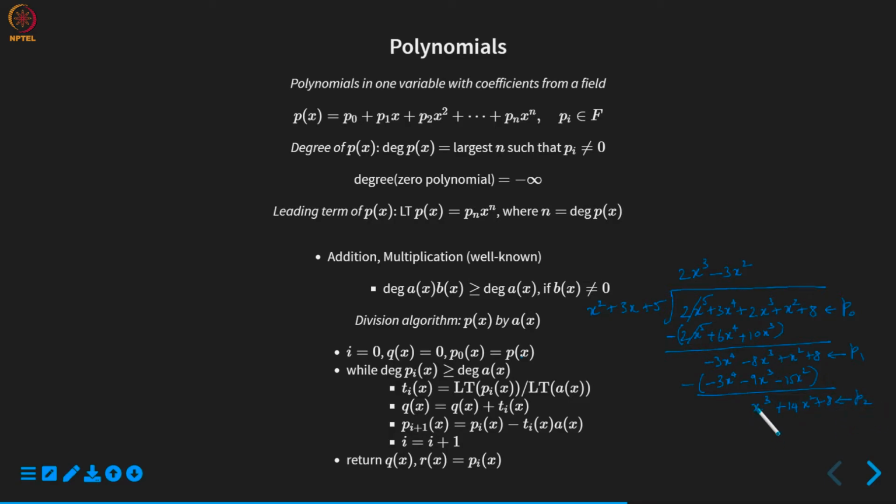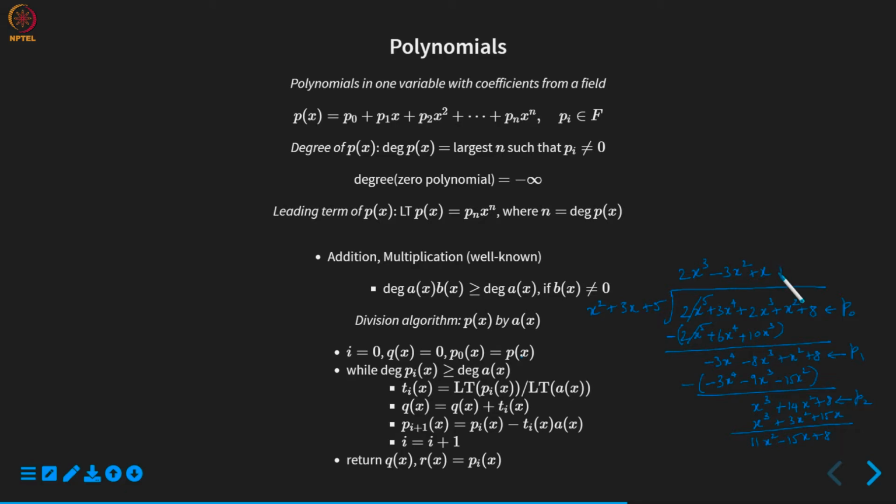You carry on like this. So let me just do a couple more steps. Hopefully I have enough space for that. Plus x, you have x^3 plus 3x^2 plus 15x, and then when you subtract these two, you get 11x^2, minus 15x plus 8.